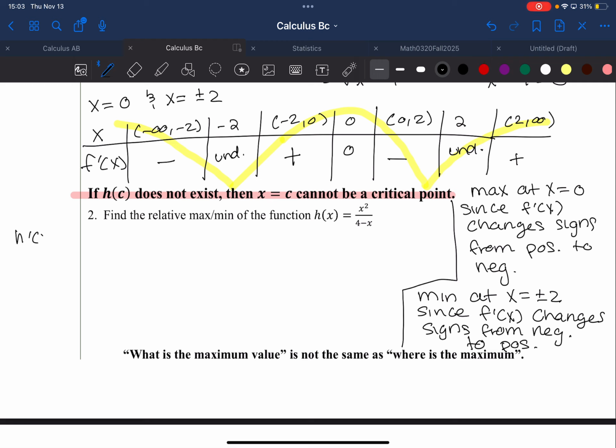Okay, so we have h prime of x is equal to, and what rule would we have to use? The quotient rule. So remember, that's us taking the derivative of the top, so that's 2x times the bottom, 4 minus x, minus the function on the top, x squared, times the derivative of the function on the bottom, negative 1, all divided by 4 minus x squared.